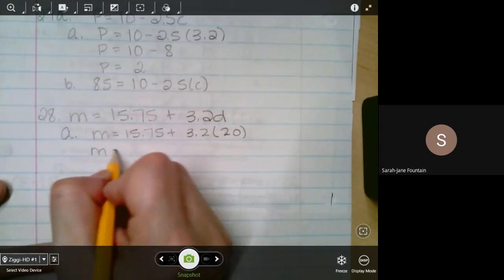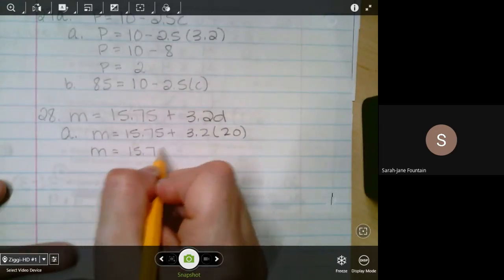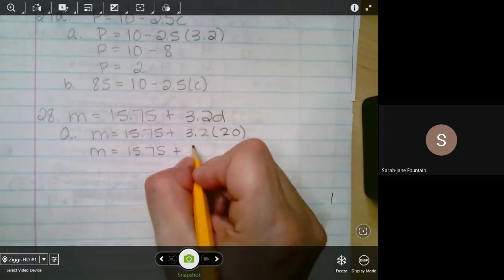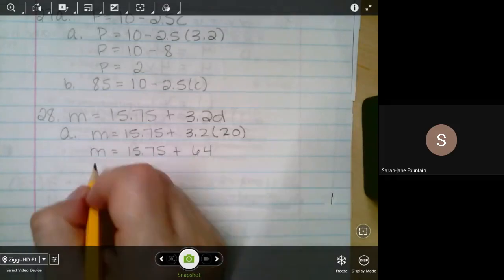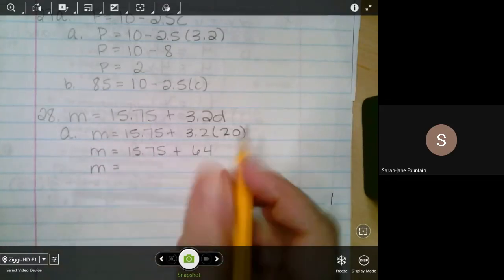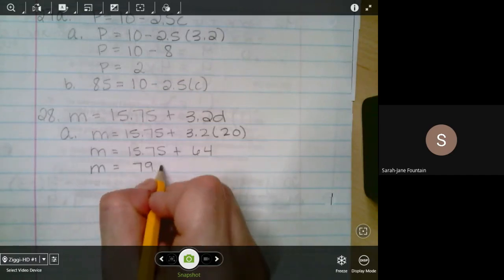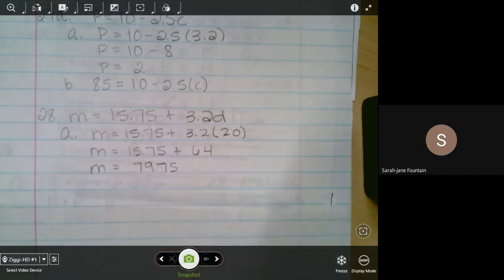M is equal to 3.2 times 20 is 64. 64, 74, 79.75. So M is equal to 79.75.